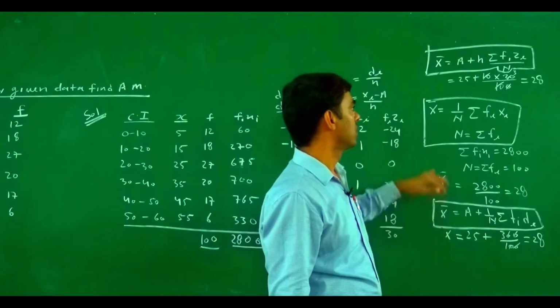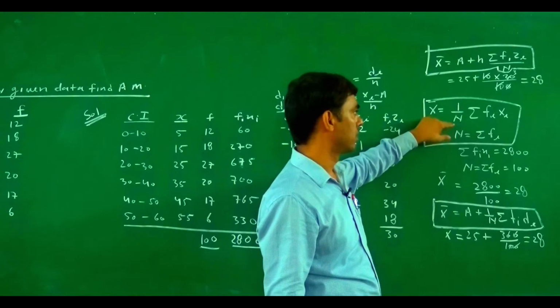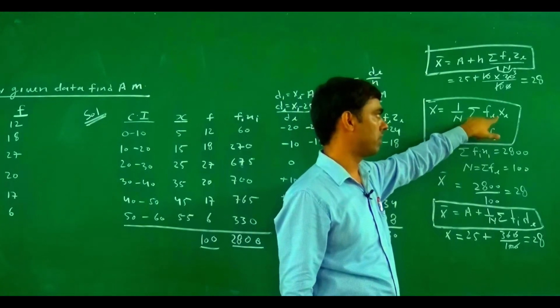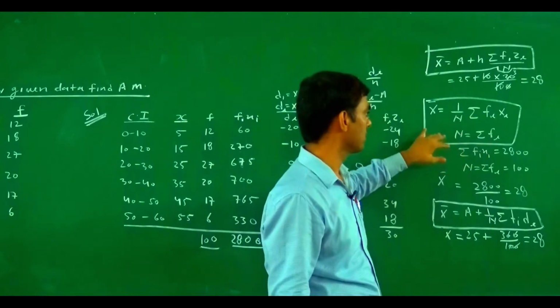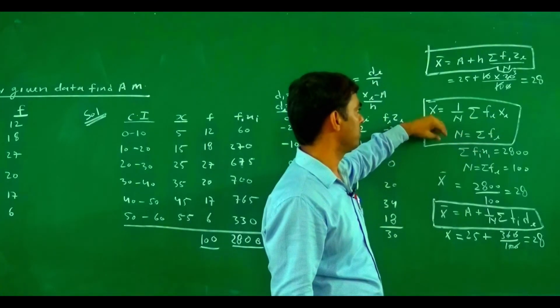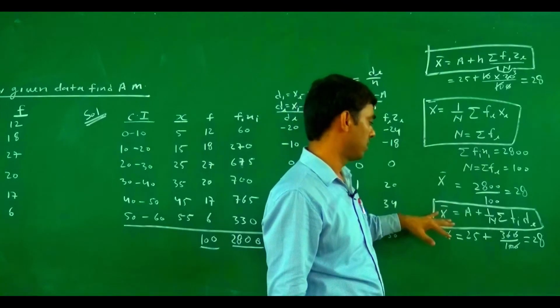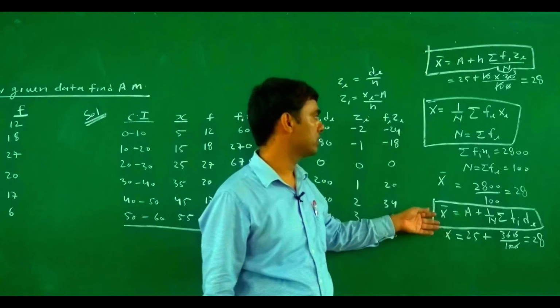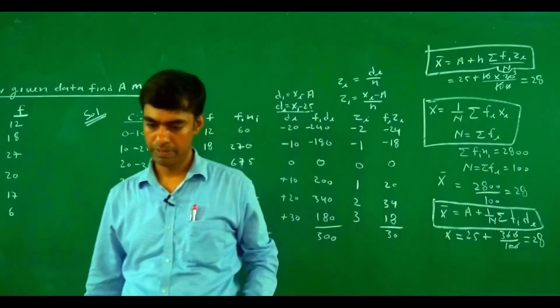In general, if the values of f and x are small numbers, then we use the first formula. If the numbers are large, meaning the frequency is very large, then we use one of the other formulas.